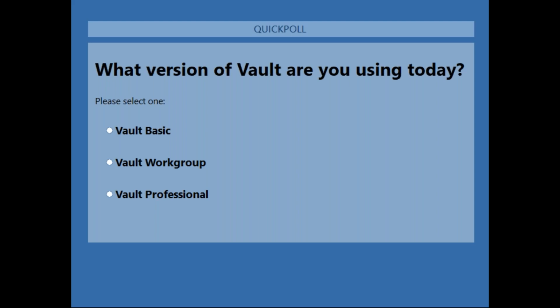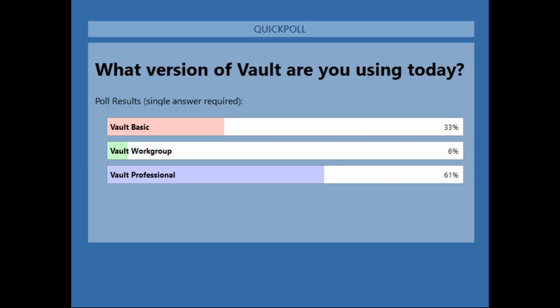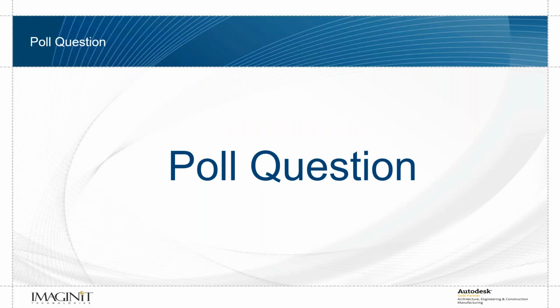All right. So the results we have are Basic Vault came in with 33%, Vault Workgroup with 6%, and Vault Professional at 61%. Wow, that is fascinating. I'm surprised Workgroup was underrepresented there. I would have figured Professional would be 40, not 60, but it's really interesting.